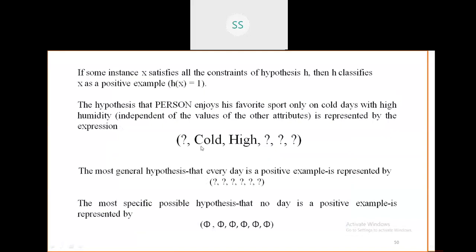So let us try to understand this one. That is, for this hypothesis, are you getting the point? For this hypothesis, that is question mark, cold and high, question mark, and question mark. And what are the instances or the items we are going to choose?